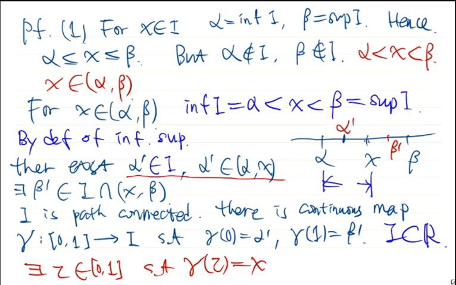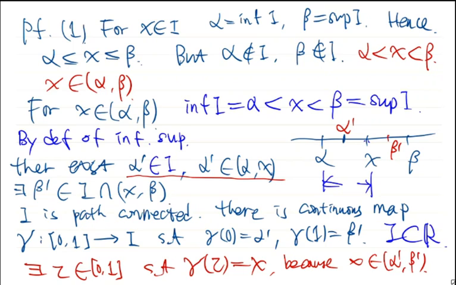Why? Because x is located between alpha prime and beta prime. Okay, so there must be a tau such that gamma tau equals x.